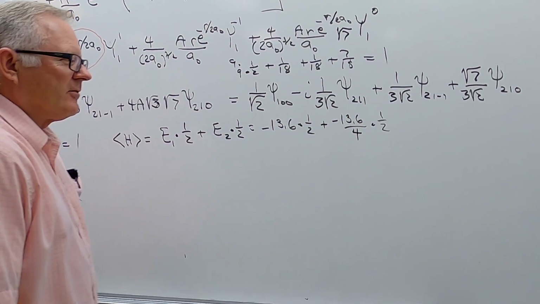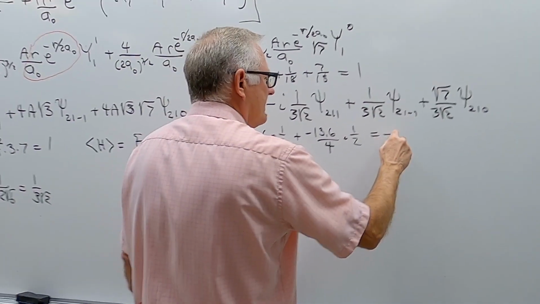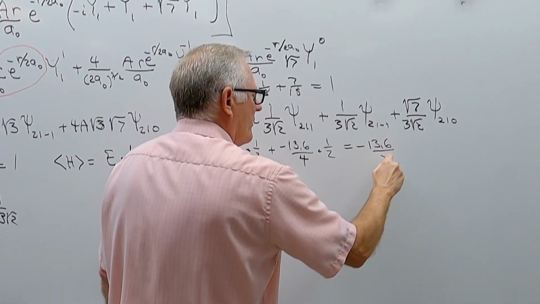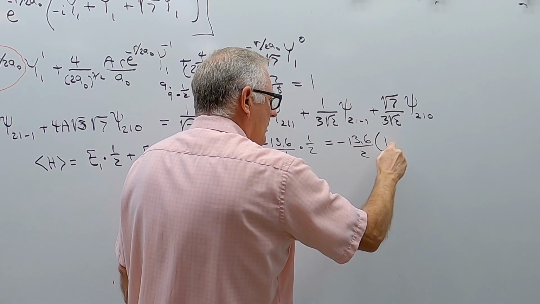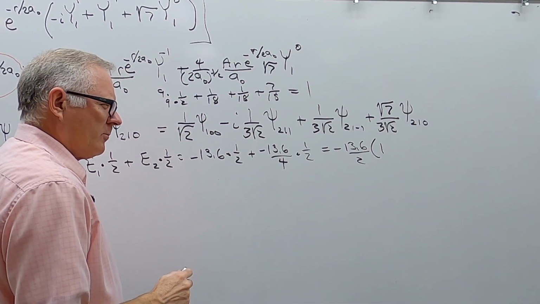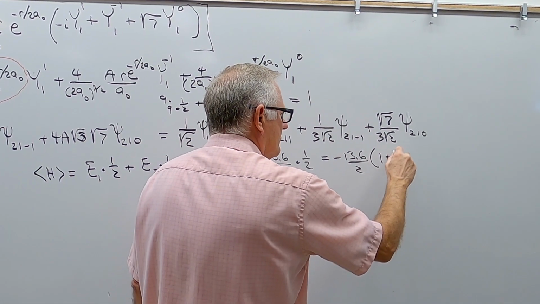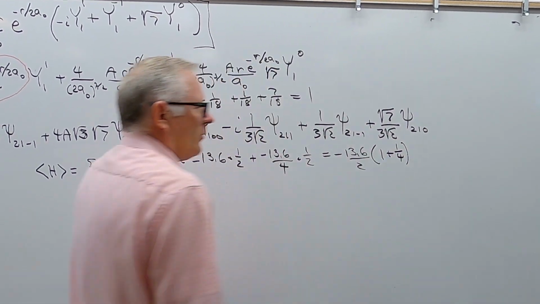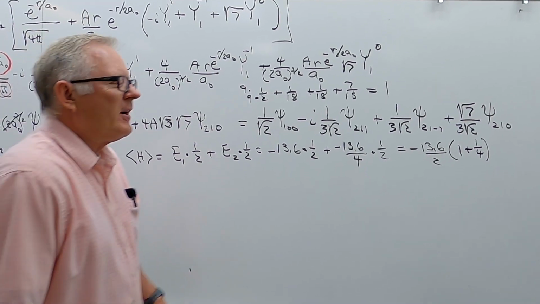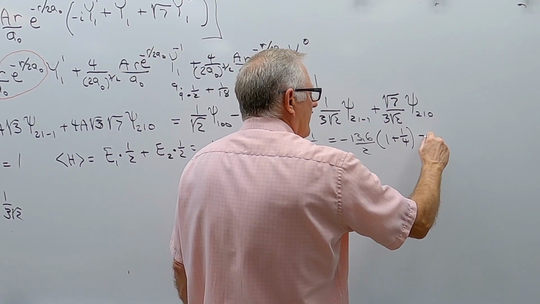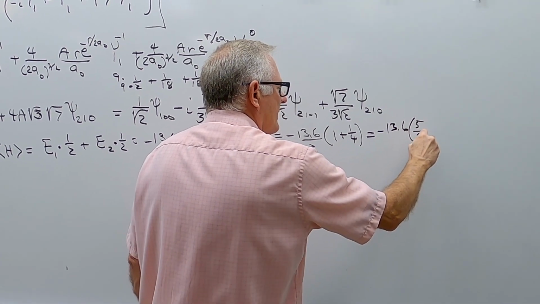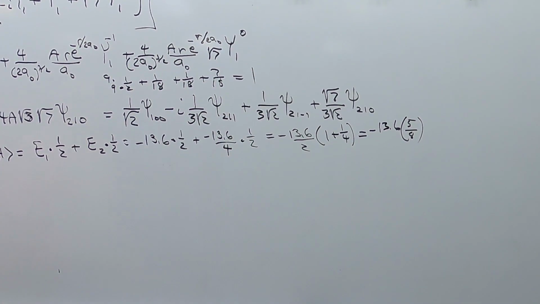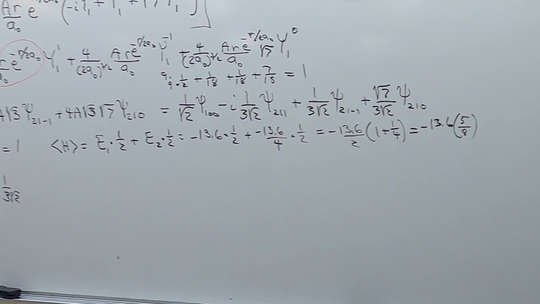Okay, I can pull out the minus 13.6 over 2, and we're left with just 1 plus a fourth, which is 5/8. So it'd be minus 13.6 times 5/8. Whatever that is, that would be the average energy right here.